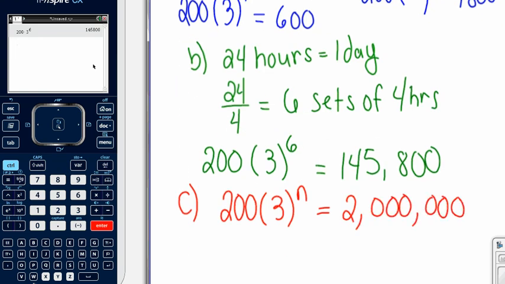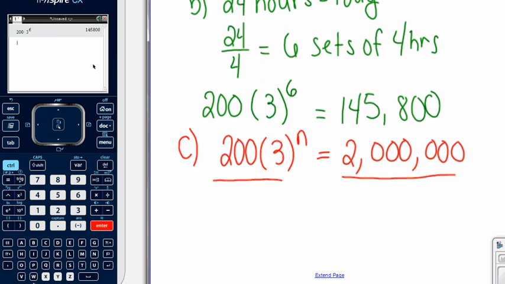So we could graph each of those. We could say y is equal to this, y is equal to this, and look at the intersection of those two functions, or we can use logarithms, which is a much faster approach. But you can definitely still do the graphing if you prefer that.